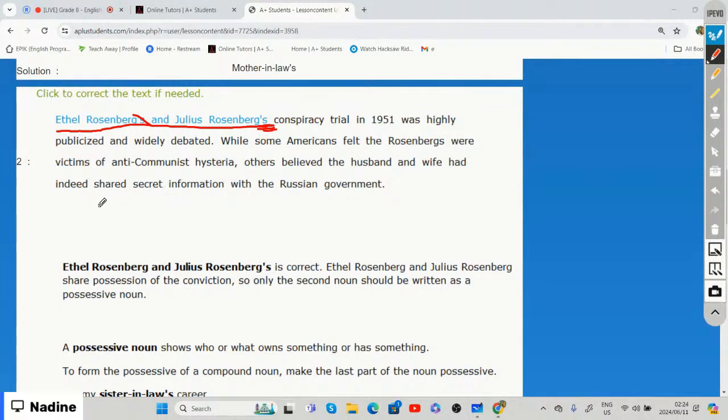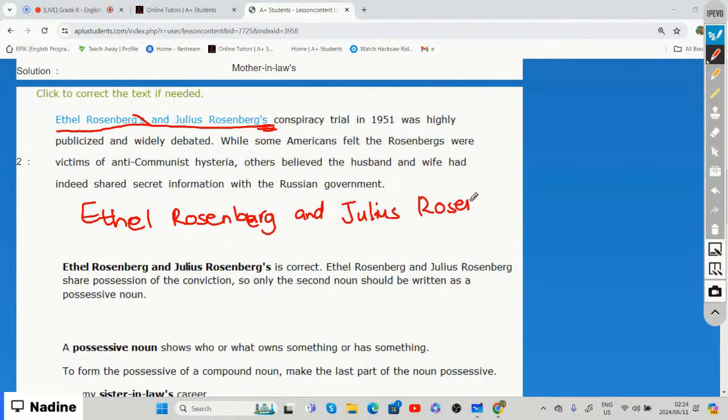So we say Ethel Rosenberg without the apostrophe over there, and we say Julius Rosenberg's, because now we're referring to both of their trial, both of them together. It's one trial.